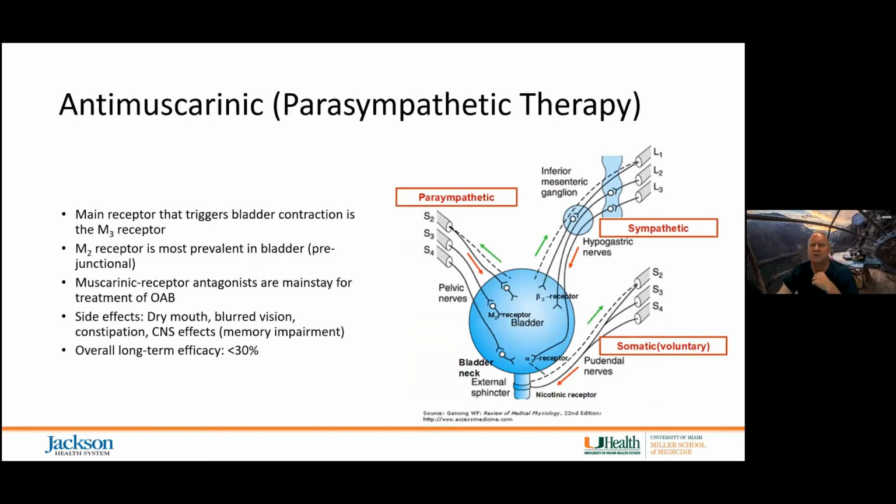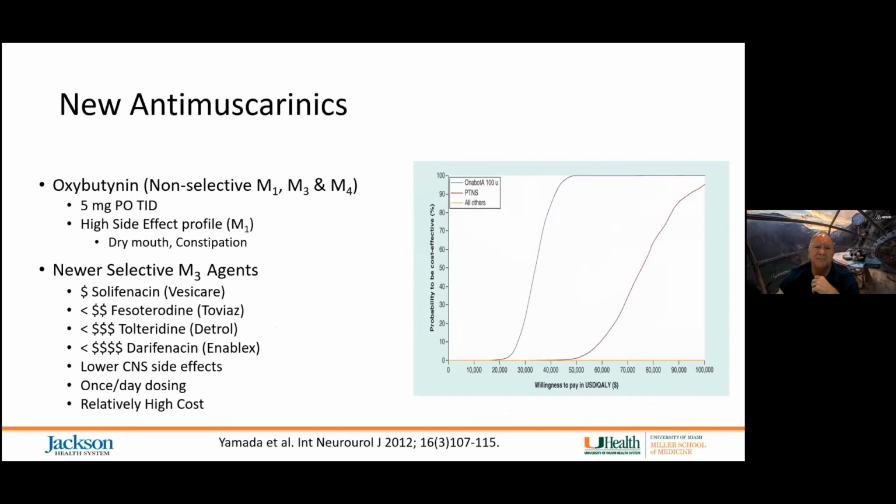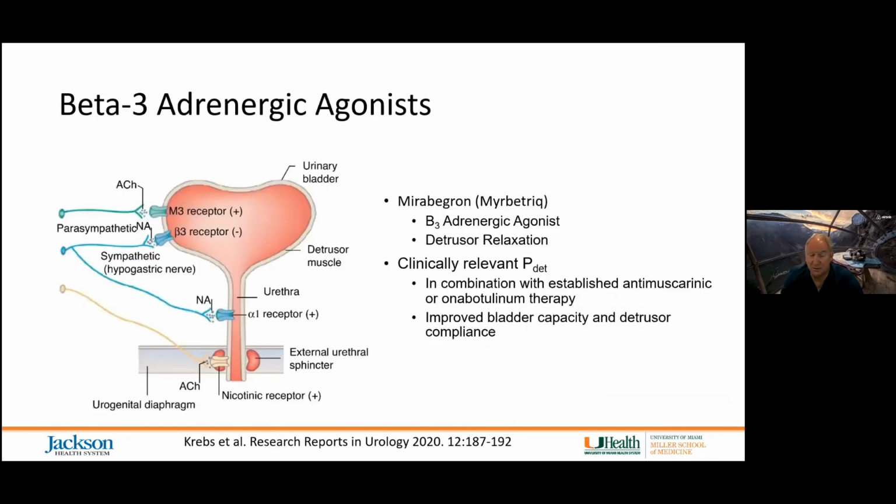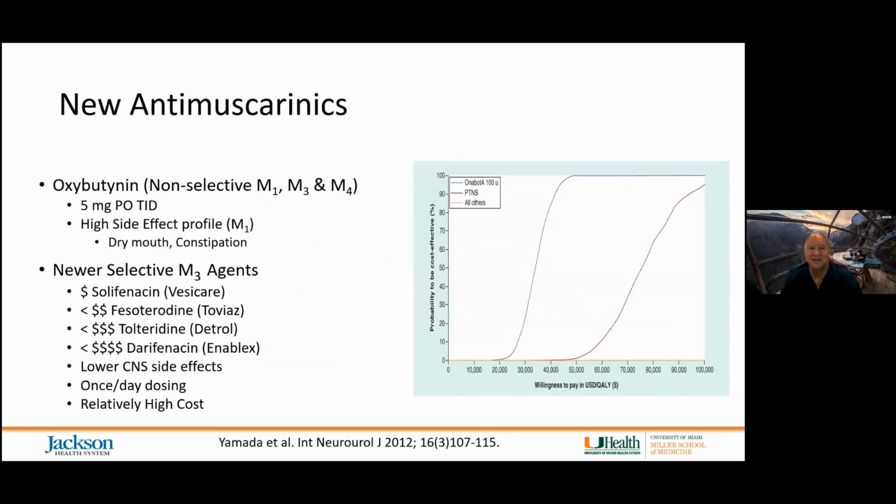Using antimuscarinics, recognizing that we're going to be trying to block the M2, M3 receptors. So oxybutynin is the one that is tried and true, but it also has the greatest side effects, particularly sedation, dry mouth, and constipation. And so, as I see that, I recognize that I want to move on to a different option.